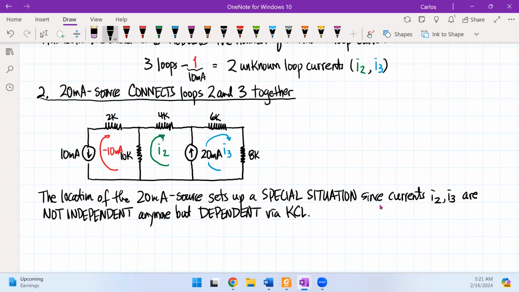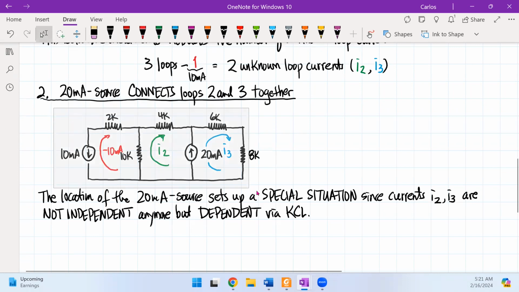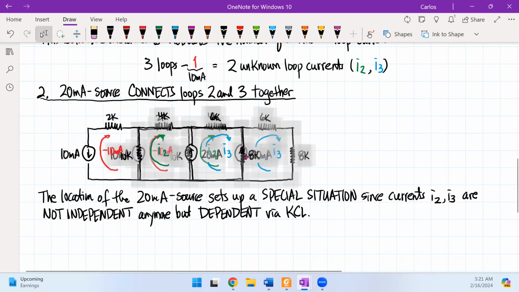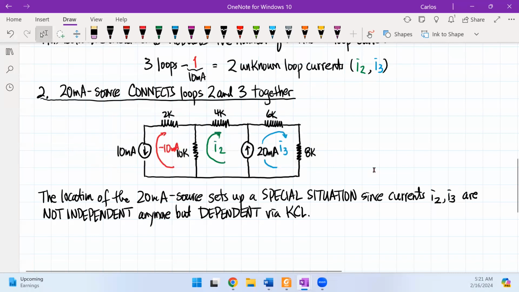So what we want to do here is pick a current source, a node that allows us to look at that. There's 2 ways to look at that. So what I'm going to do is look at this yellow node right here. And when I look at this yellow node, what is it that we see here?